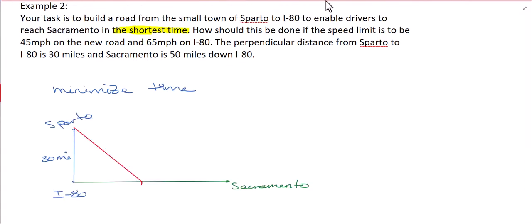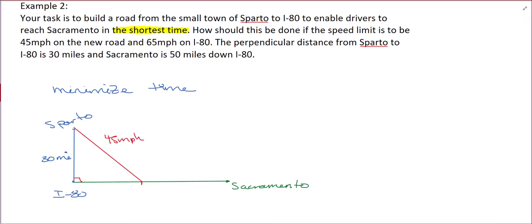All right, so here's my picture. I have Sparto, and then 30 miles down in a perpendicular fashion is I-80. Now we do want to build this new road that's going to connect Sparto to I-80, but we want to shorten the time, sorry. If we go here and then that way, it's not going to do it. So the red is the new road. On this road, the speed limit is to be 45 miles per hour.